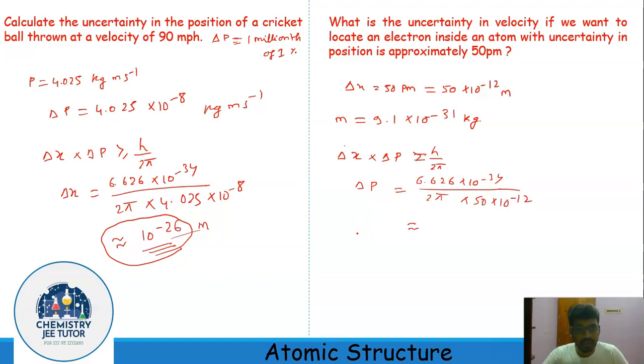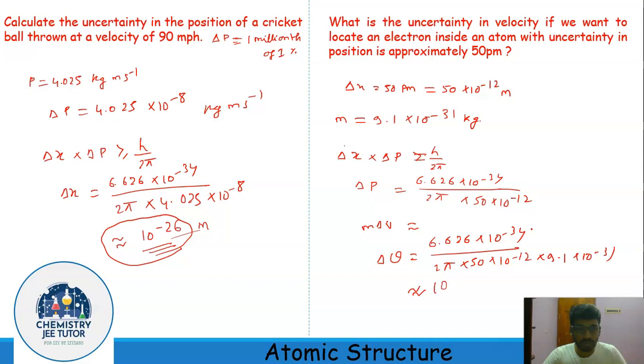And delta P is m delta V. So now delta V should be equal to 6.626 into 10 to the power minus 34 divided by 4 pi into 50 into 10 to the power minus 12 into 9.1 into 10 to the power minus 31. So it will be in the order of 10 to the power 7 meters per second.